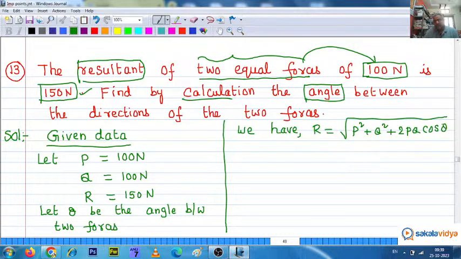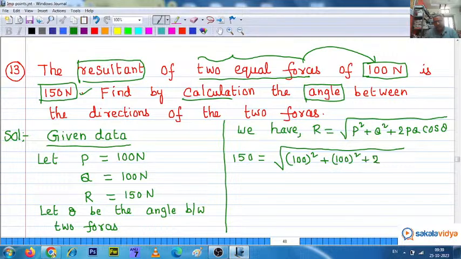So, my dear students, please substitute and get the answer, and chat with me in the chat section. So, R is equal to 150 newtons, we can write, is equal to root of P square, 100 square, am I correct? Q is also 100 because they are two equal forces, 100 square, plus 2 times 100 into 100 multiplied with cos theta.